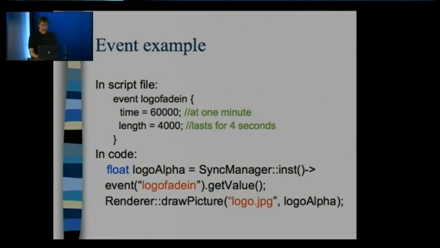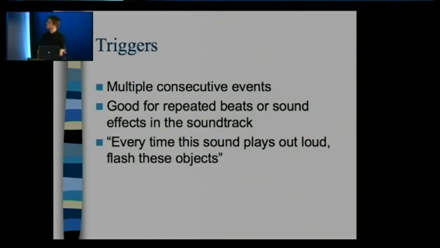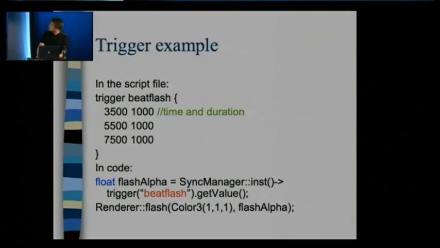Then I have triggers, which are basically the same thing, except that there are lots of them. For example, if you want to make something that flashes every single time you hear a sound in the music, a trigger would be awesome for that. Here's an example. Again, in my script file, I declare a trigger called beat flash.